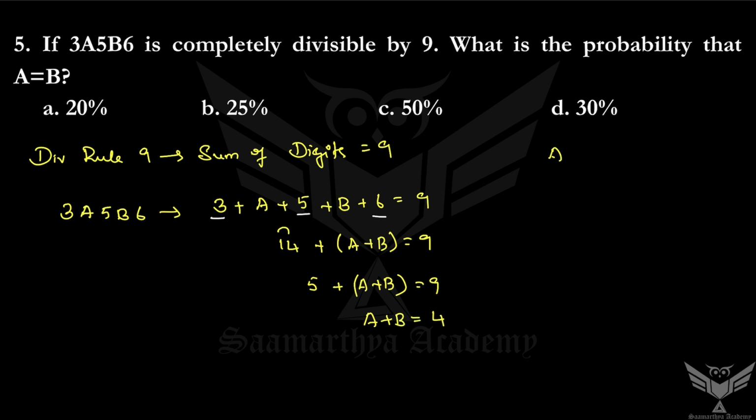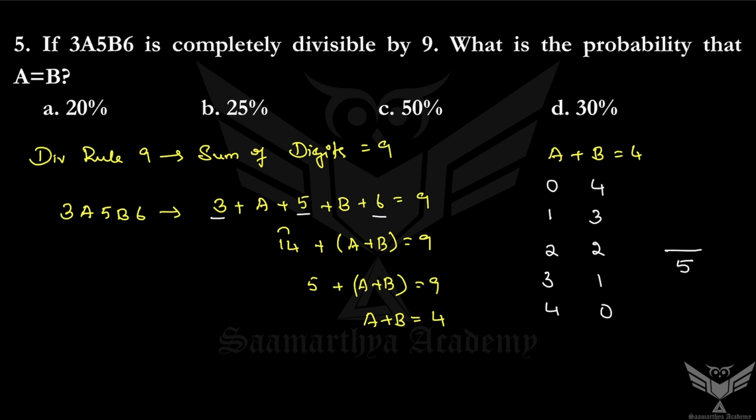And how many such values are possible so that A plus B can be 4? The values are 0, 4 is possible; 1, 3 is possible; 2, 2 is possible; 3, 1 is possible; 4, 0 is possible. Now, in how many cases do we have? 5.